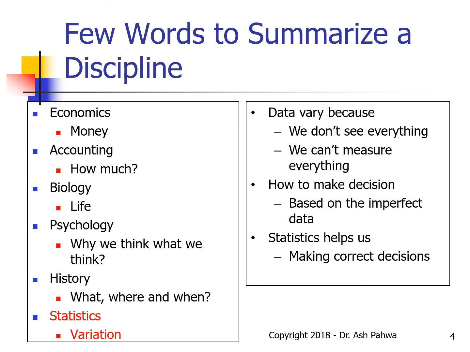If we try to define accounting, it becomes the science of keeping track of money. In biology, it is about life sciences. In psychology, it is how we think and why we do so. History, like journalism, is about who, what, where, when, and why.